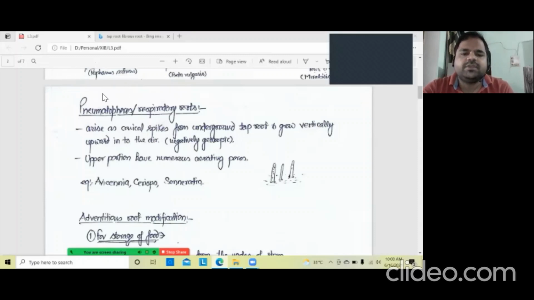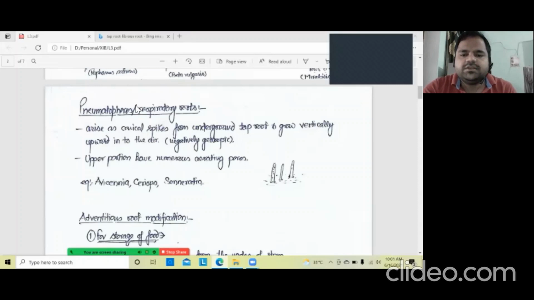Positively geotropic means roots move towards the gravitational force, but when roots move opposite to the gravitational force, this kind of modification is called negative geotropism. So here, pneumatophores move in the opposite direction of the gravitational force.